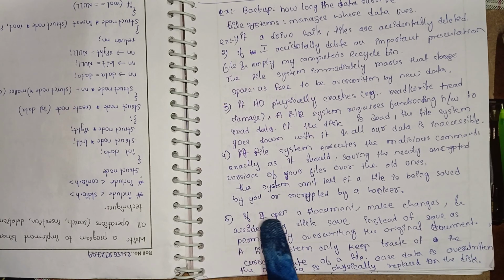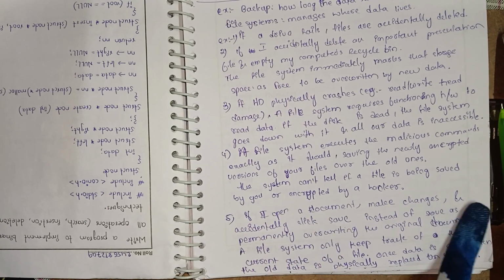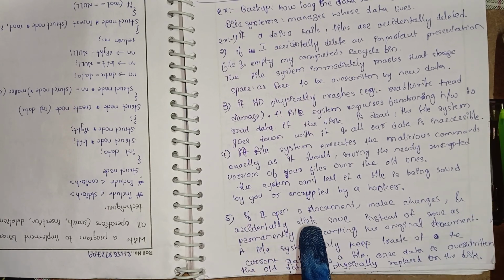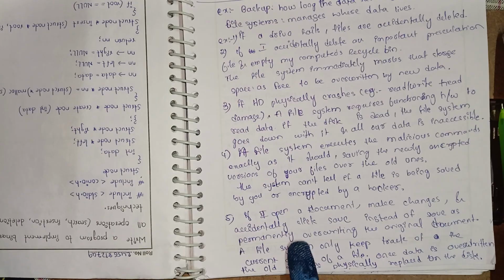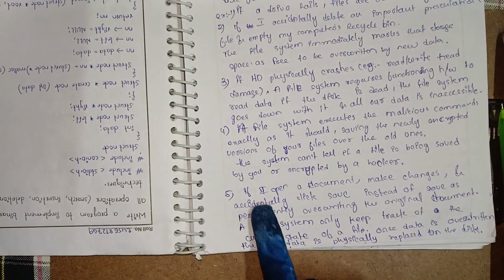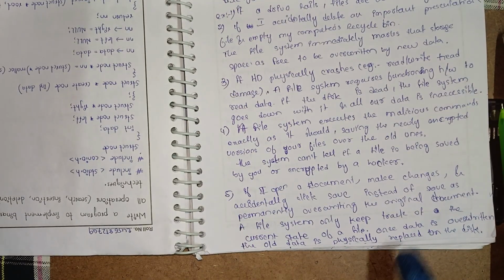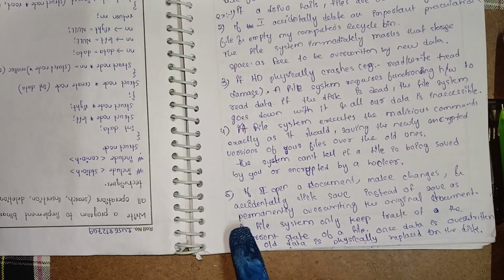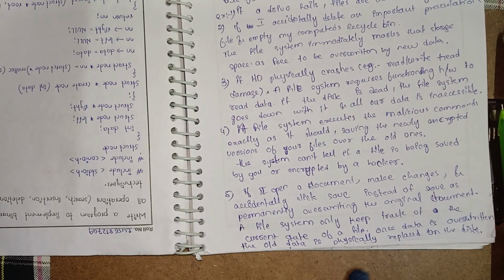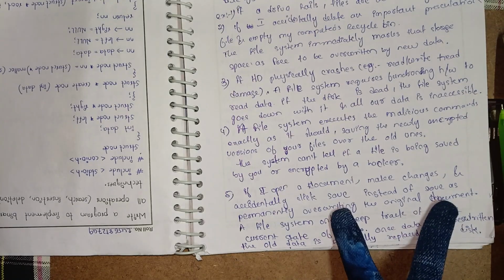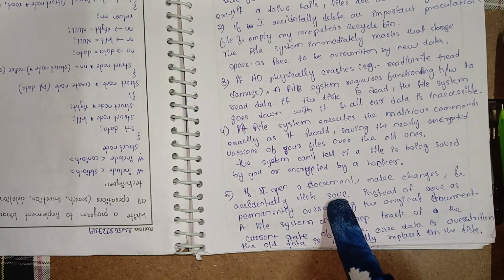And if I open a document, make changes, and accidentally click save instead of save as, what is the difference between save and save as? Save saves the already existing file.